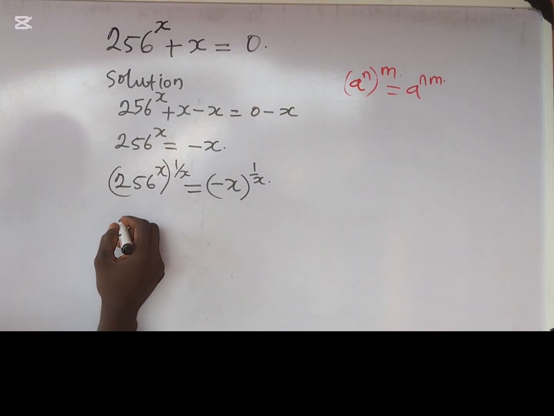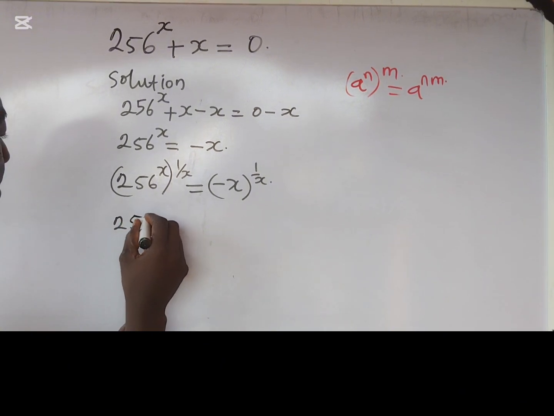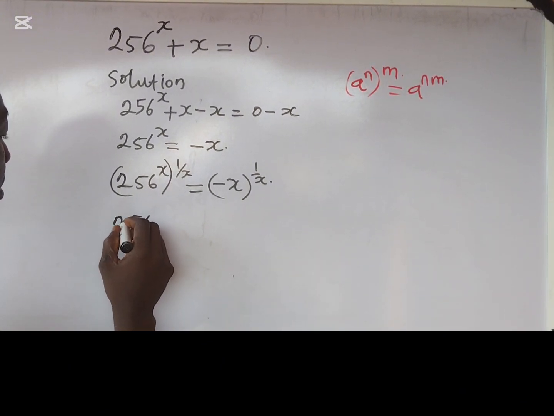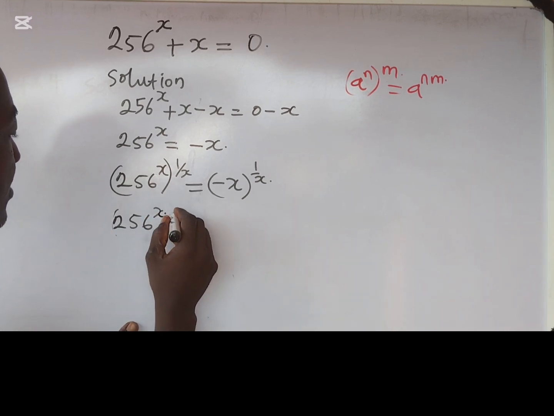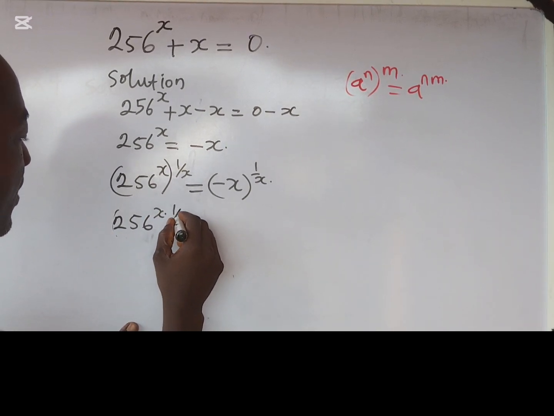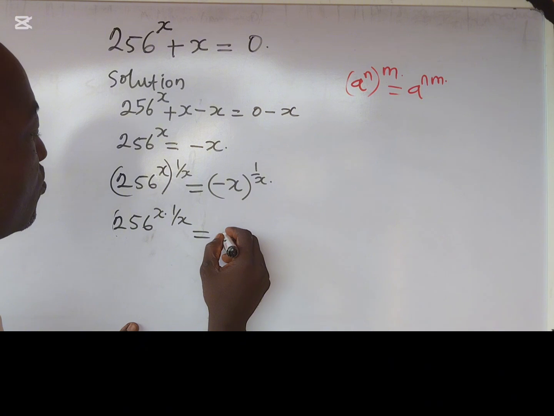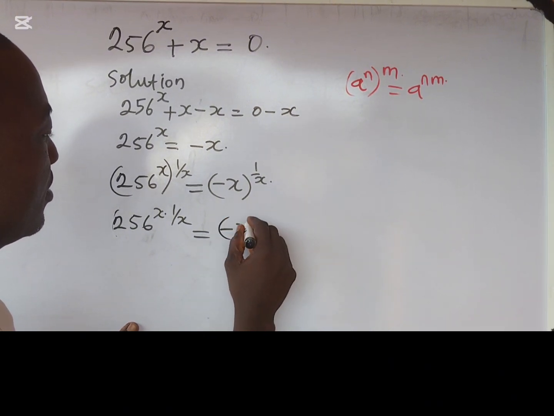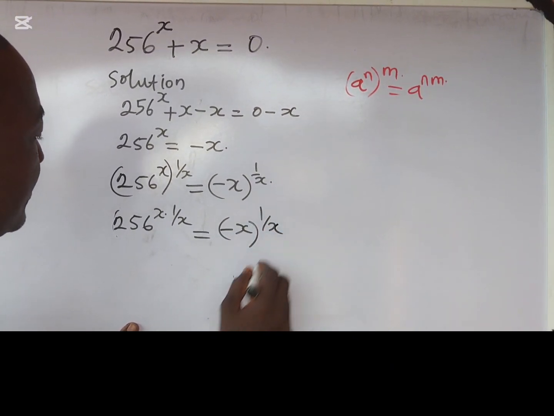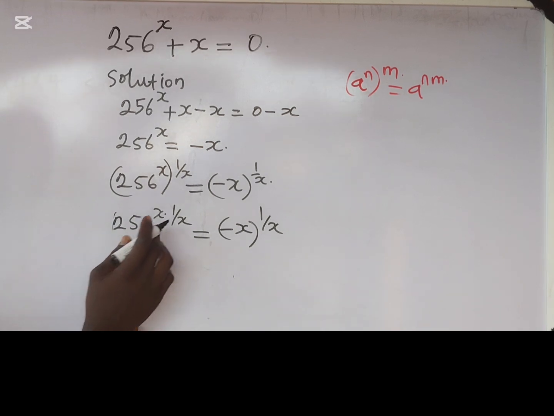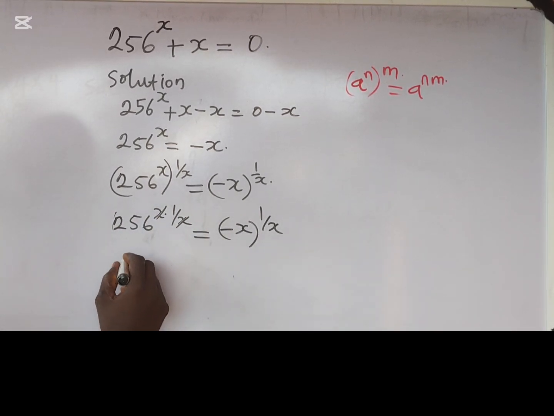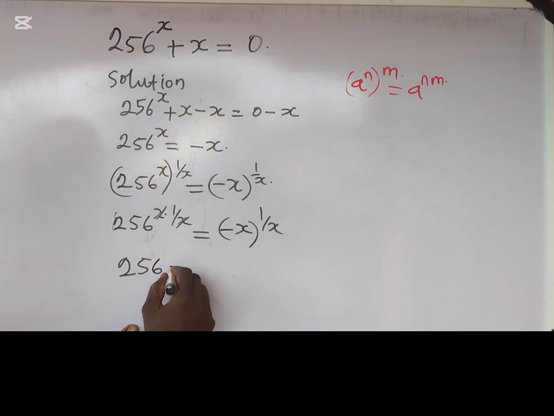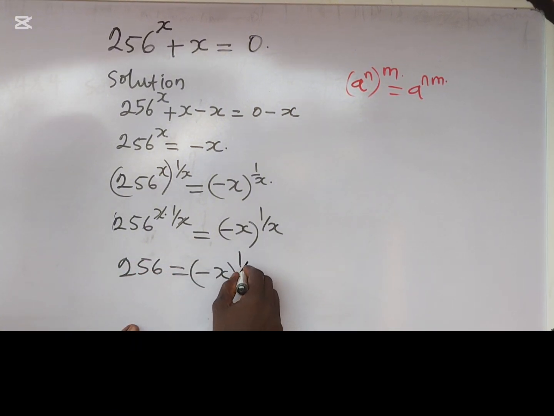When we apply it, this becomes 256 raised to the power of x times 1 over x, which is equal to minus x raised to the power of 1 over x. The x's cancel, and the equation becomes 256 is equal to minus x raised to the power of 1 over x.